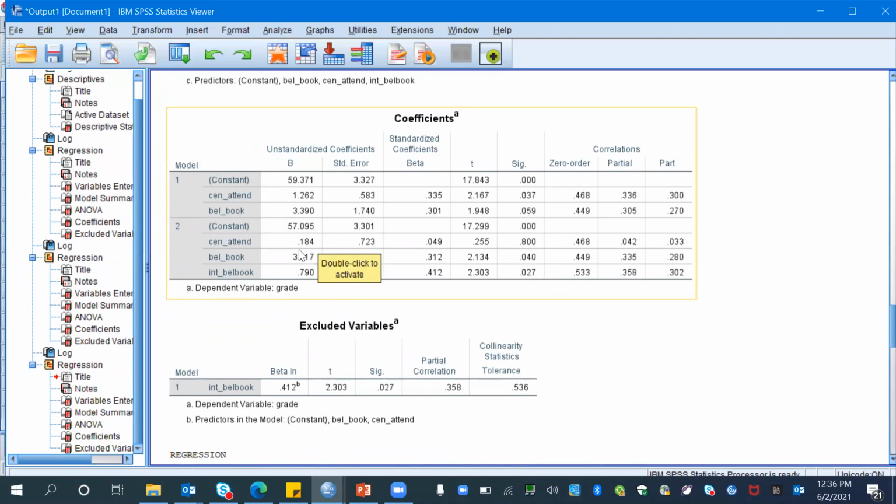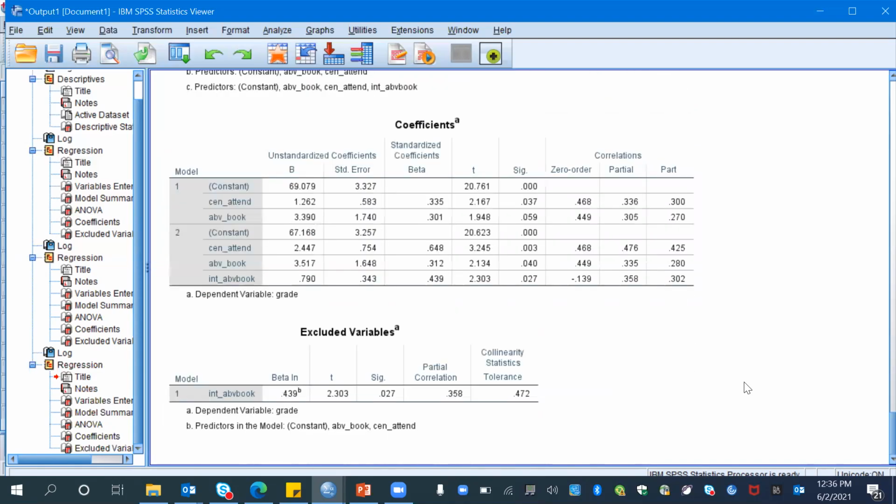You can see here this slope, 0.184, is not significant. So at low levels of books, there is no relationship between attendance and course grades.